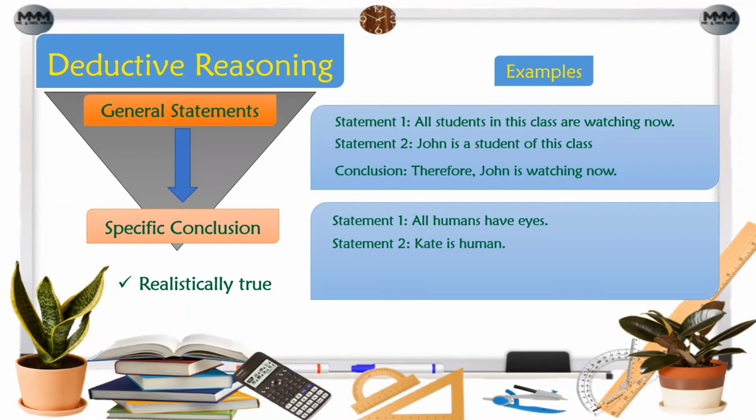From the two statements given, we can conclude that Kate has eyes. Because Kate is a human, and all humans have eyes, therefore we can say that Kate has eyes. So that's all about deductive reasoning.